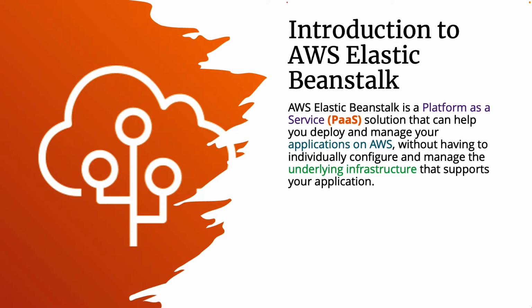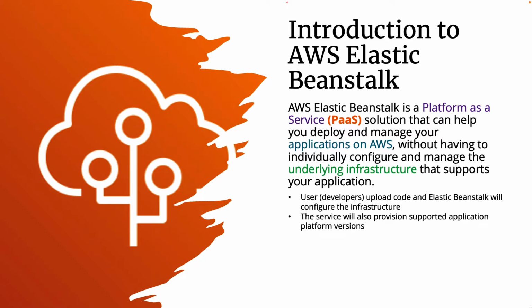So the AWS Elastic Beanstalk service is a platform as a service solution, a PaaS solution that can help you deploy and manage your applications on AWS without having to individually configure and manage the underlying infrastructure that supports your application. As a developer, you can upload your code to Elastic Beanstalk, and Elastic Beanstalk will configure the infrastructure and the environment.